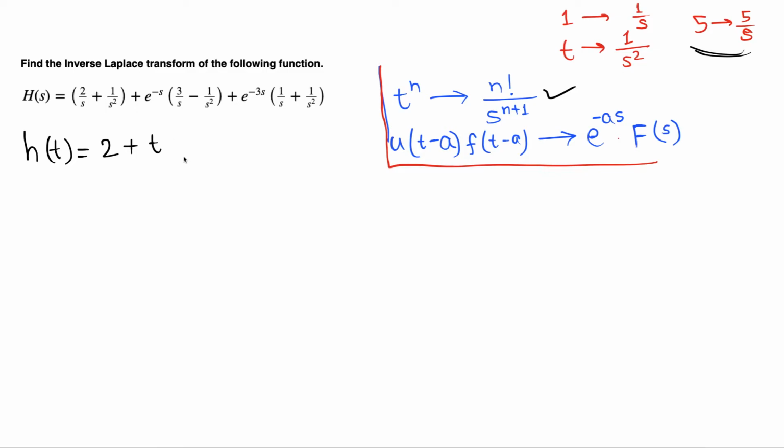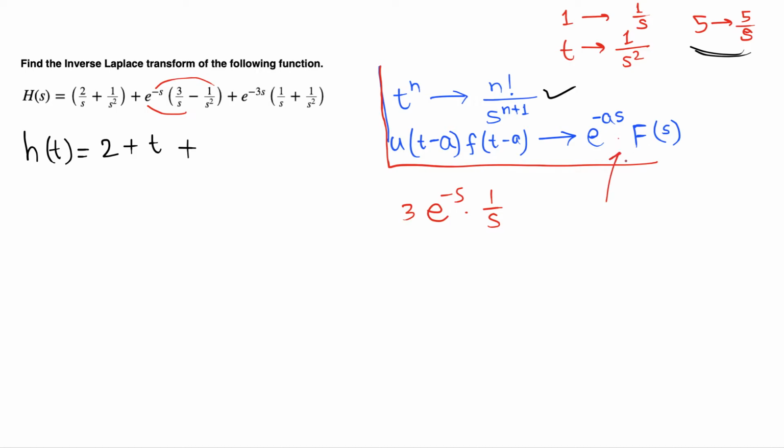Plus, now this is a product and there is no product rule. So we need to think in this way. This is one term and this is another term, right? So this is e to the negative s times 3 over s. I can pull 3 out, 1 over s.